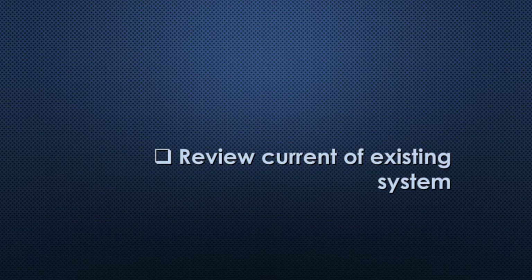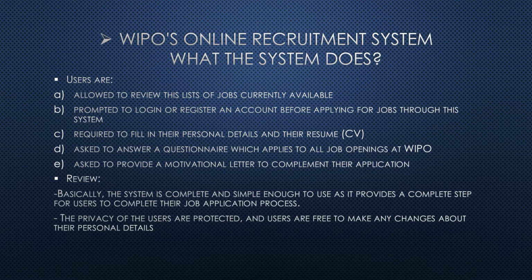Okay, so let's move to review the current, existing system. Okay, so we found an online job application system which currently exists, which is WIPO's online recruitment system. So firstly, let's look at what the system does.